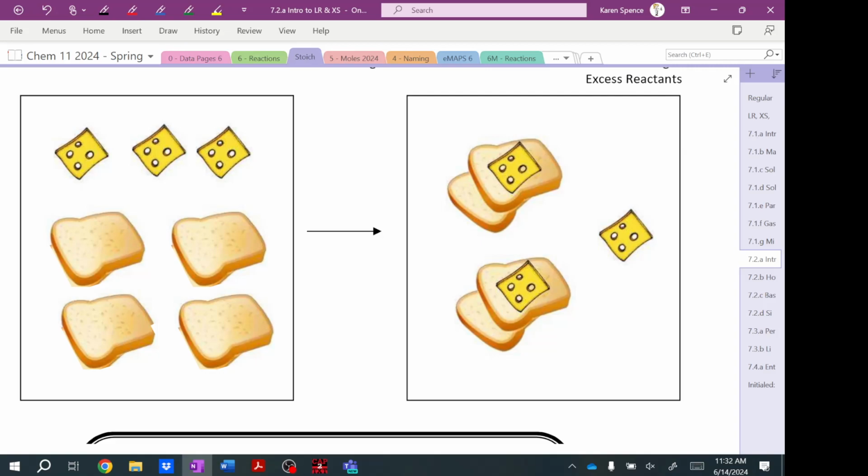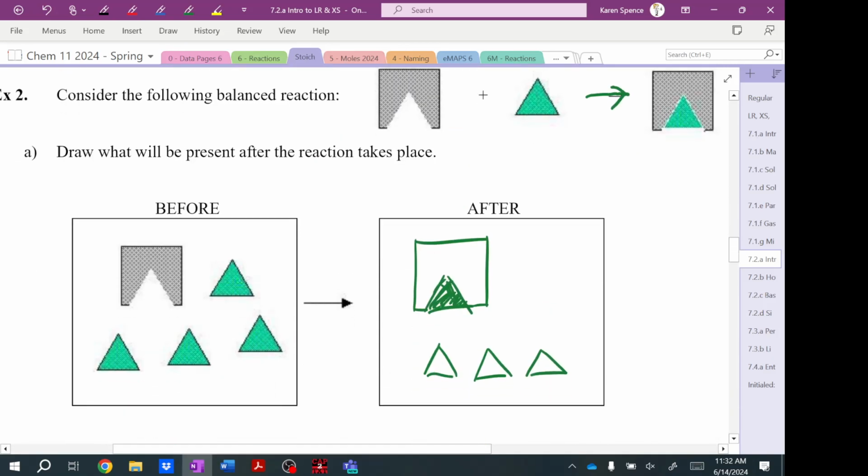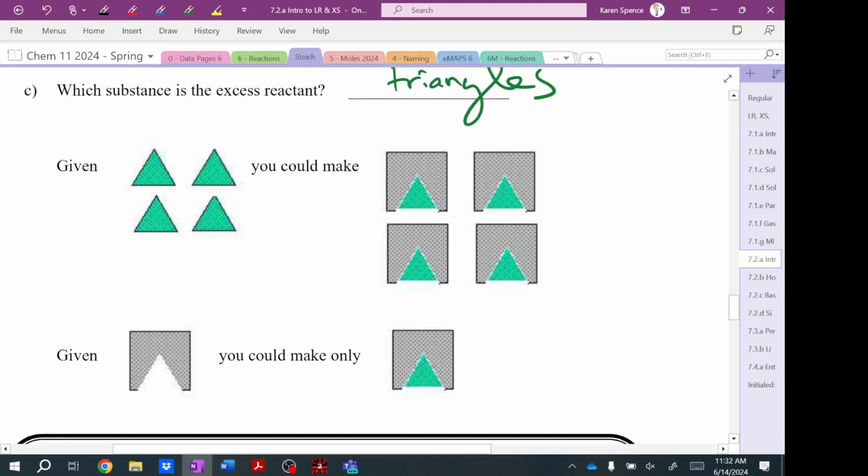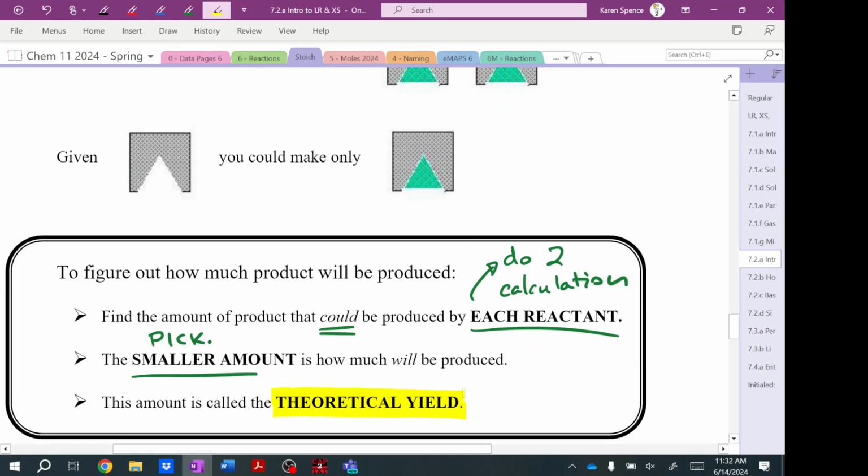Does that make sense? Okay. But for now, we are only concerned about the calculated quantity. So the smaller calculated product is the theoretical yield.